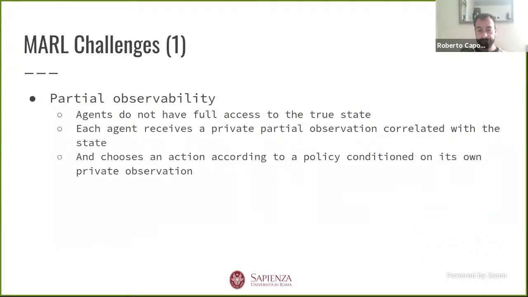And it only gives us partial information with respect to the current state. So based on that, the agent chooses an action that, of course, is derived from its policy, but it's conditioned only on this private observation.